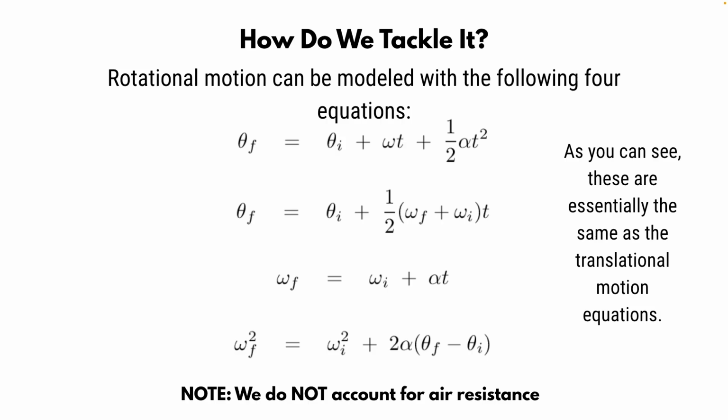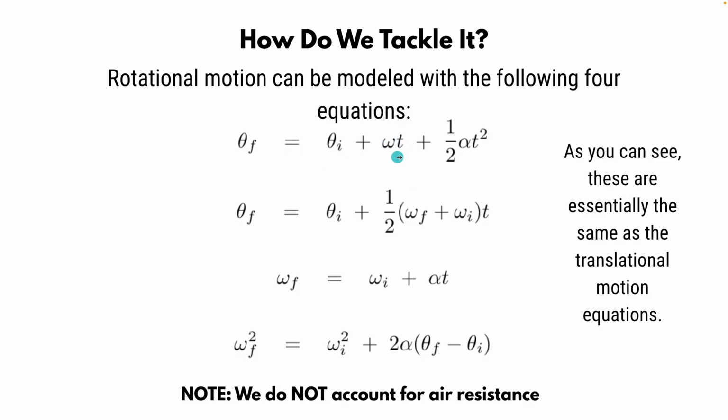Rotational motion can be modeled with the following four equations, which as you can see here, are basically the translational motion equations, with the only difference being that we now have angular terms, like theta as an angular displacement. By the way, the original translational motion formula doesn't have this theta initial, but if you subtract it from both sides, you get theta final minus theta initial, delta theta, same thing, right?